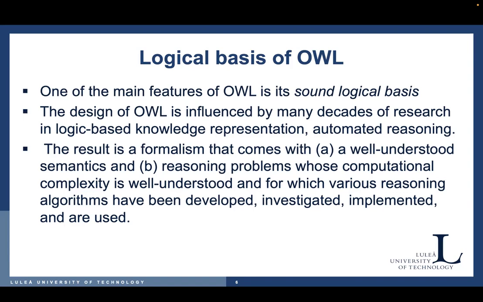Maybe you don't need to be stressed about remembering all these aspects. But again, the reason behind creating OWL was to make it expressive enough to describe complex relations between data, between concepts, between knowledge.